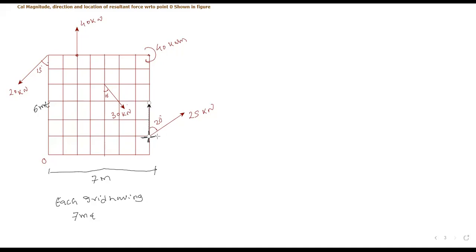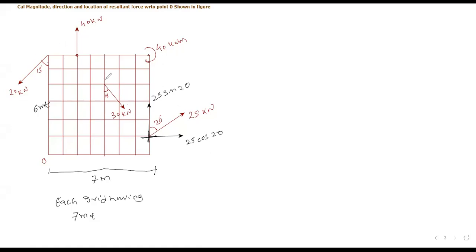This will be your x direction resolution. I hope it is clear to all of you. Angle with y axis, that's the reason y component will become 25 sin 20, 25 cos 20.